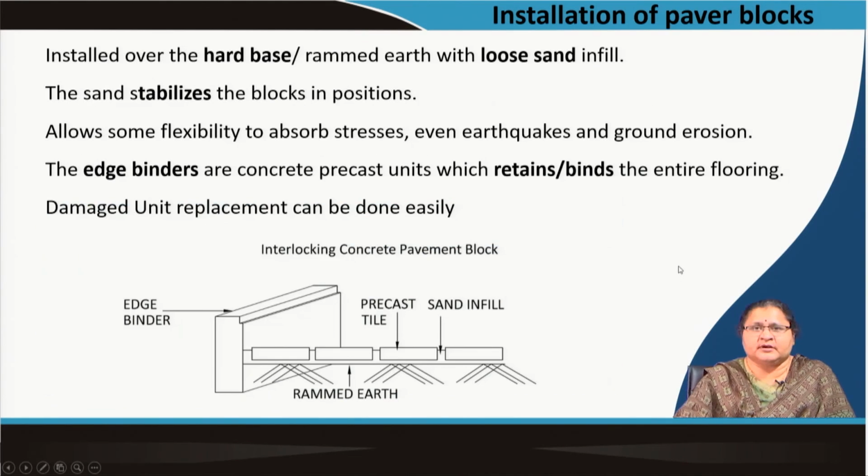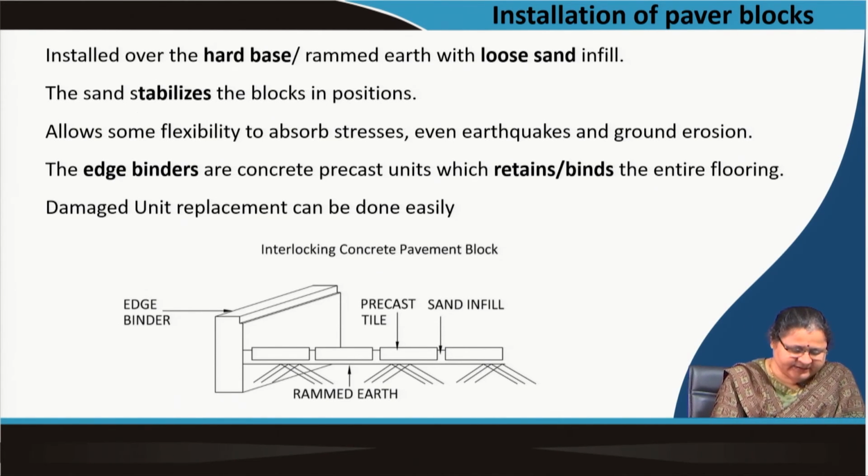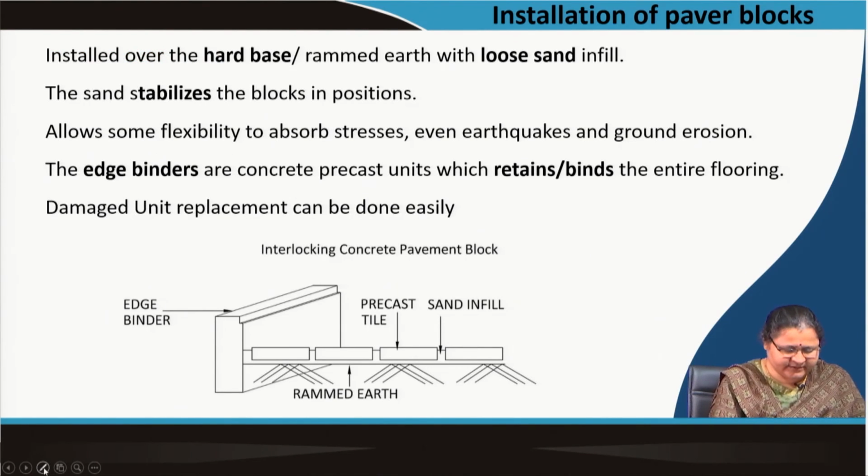Coming to their placing, as they are interlocking units and you are not putting any kind of mortar in between, they can become loose at any point. They can just come out from the edge one by one, they can open. So, you have to have an edge binder.